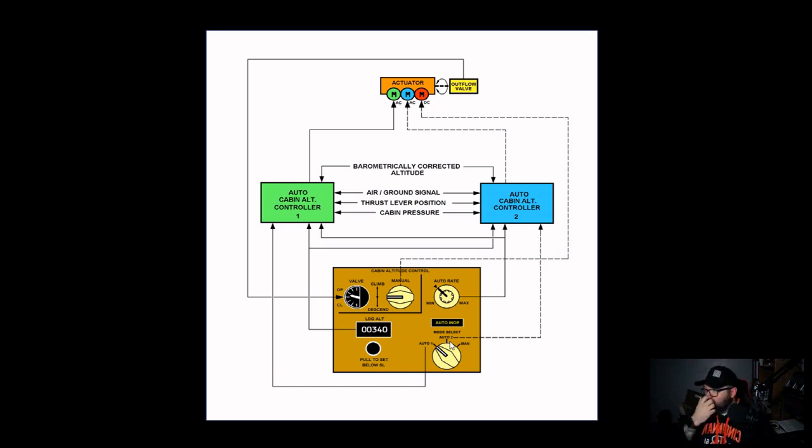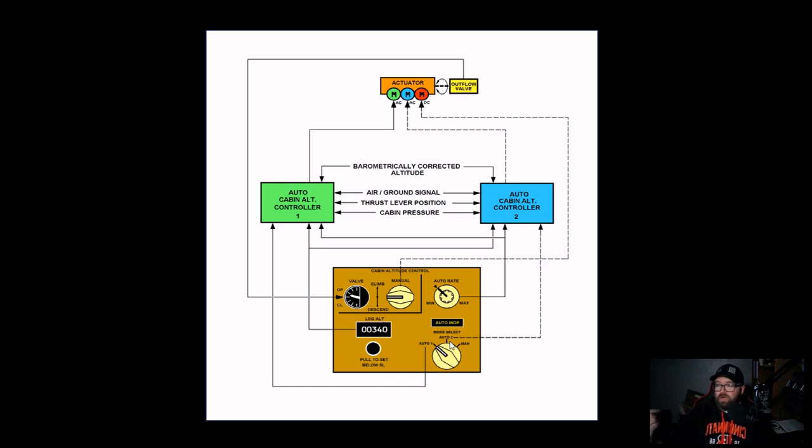Okay, so thrust lever position, obviously if we got more thrust, we have more bleed air, we have more air going into the packs, we have more flow coming into the aircraft, we can open that up a little bit more. If we're at lower power settings, then obviously we don't have the same amount of thrust, we don't have the same amount of bleed air, we don't have the same amount of stuff coming into the airplane. So that's why those things are important.